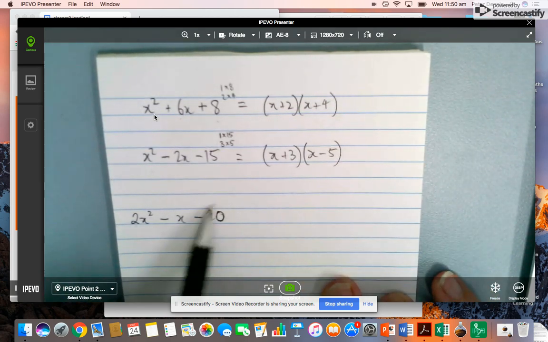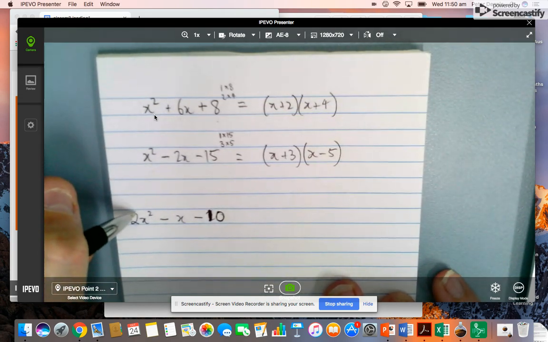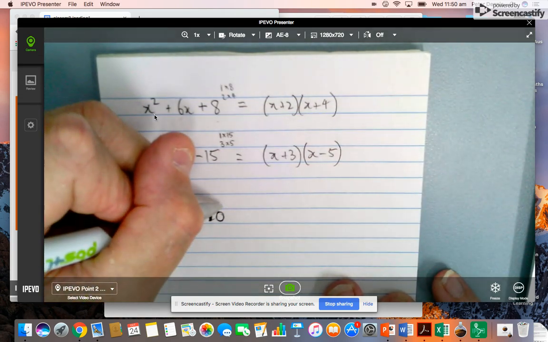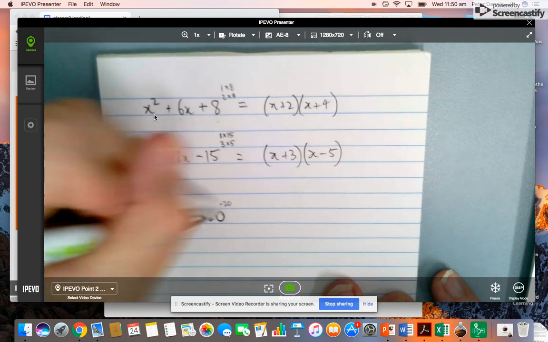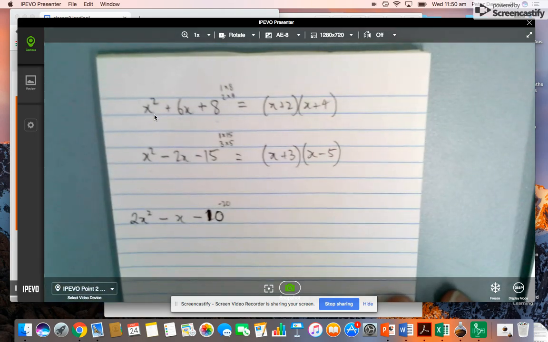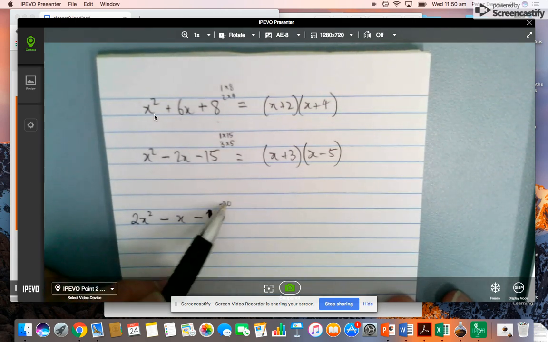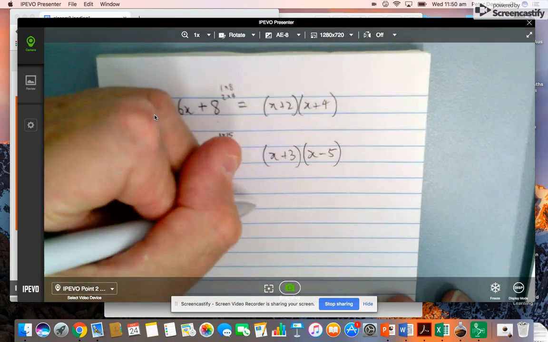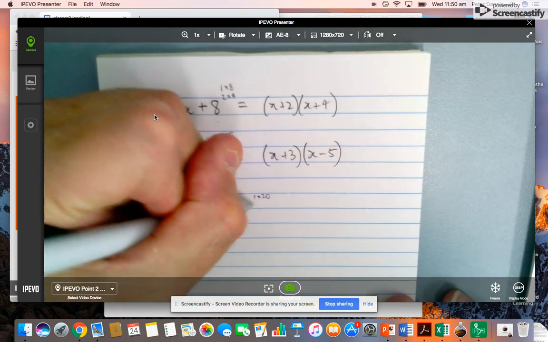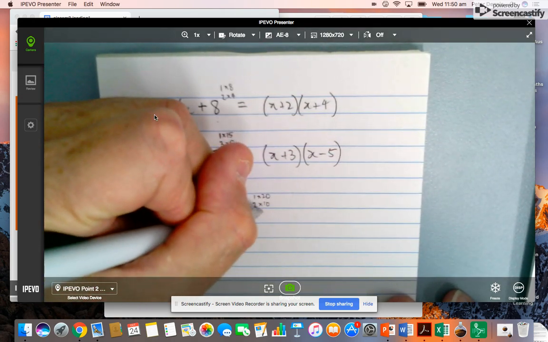Again, it's going to be something to do with multiplies together to give something, adds together to give this. The only difference is this is 2 times 10 we are going to look at. So it's two numbers that multiply together to give minus 20, 2 times minus 10 is minus 20, and add together to give this. Now the factors of 20 are 1 and 20, 2 and 10, 4 and 5.